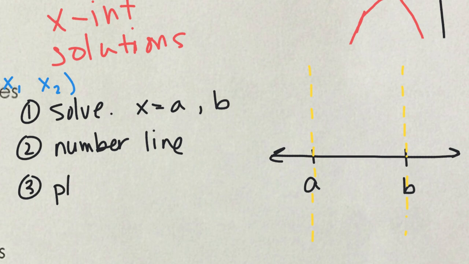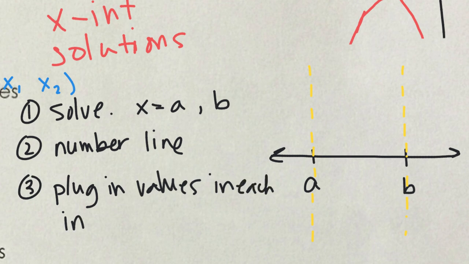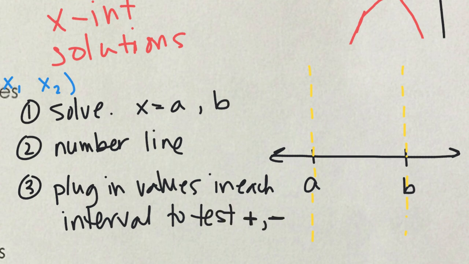So you plug in values in each interval to test its positivity, whether it's a positive number or a negative number. Okay, that's what we're doing with this. We're testing for positivity. Is it positive or negative?